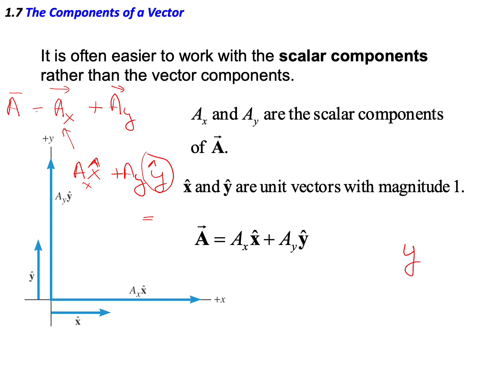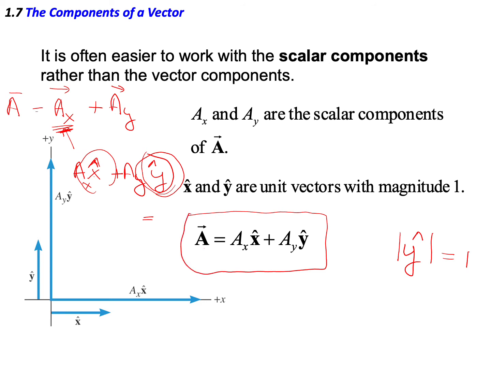The magnitude of a unit vector is equal to 1. So it's a vector along y direction, and a unit vector along x direction. So you get the magnitude along x direction. It's another way of writing vectors. Basically, A equals the magnitude of AX times the unit vector along x direction plus the magnitude of AY times the unit vector along y direction.